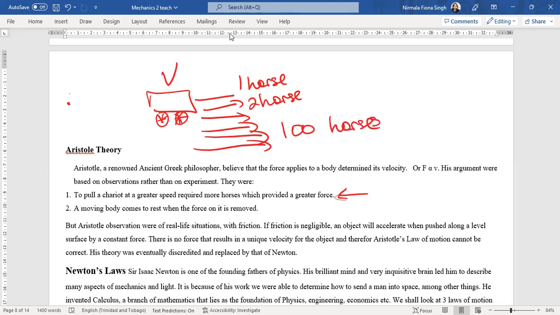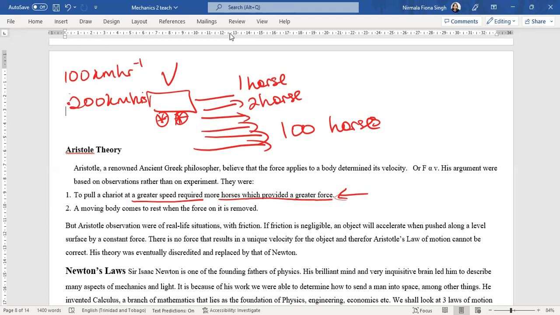Do you think these 100 horses would have made the chariot go something like 100 or 200 kilometers an hour? Because they said that a chariot would move at a greater speed because more horses provided a greater force. Do you think 100 horses pulling a chariot would have resulted in a chariot moving very, very fast?